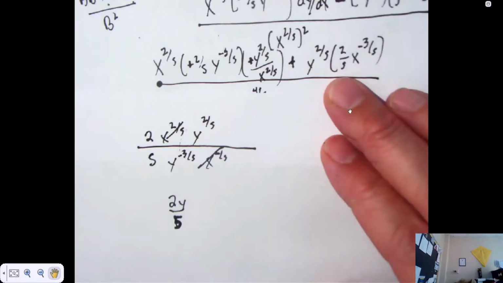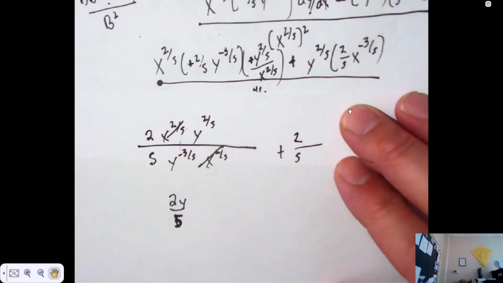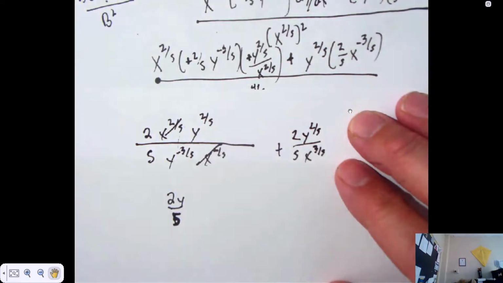Now we'll see if the second thing will reduce. I don't know that it will. We are going to have the 2/5 part. We're going to have a y to the 2/5 up top, and we're going to have an x to the 3/5 down low. That's all it looks like, isn't it?